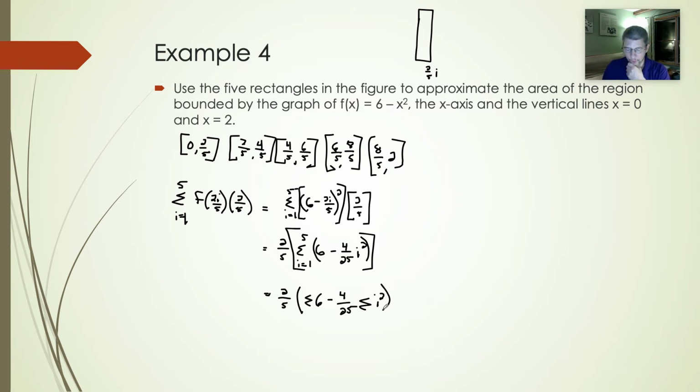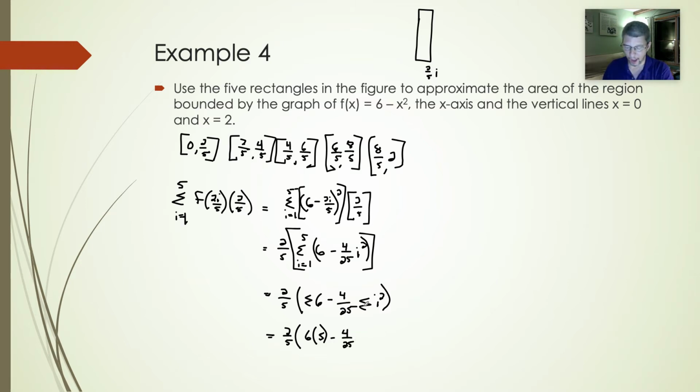Now, remember what the rules are for this. This is going to be 2/5 times. Now, the summation of 6 is c times n, the constant. So this is going to be 6 times 5, right? Because this is n. And then times 4/25.